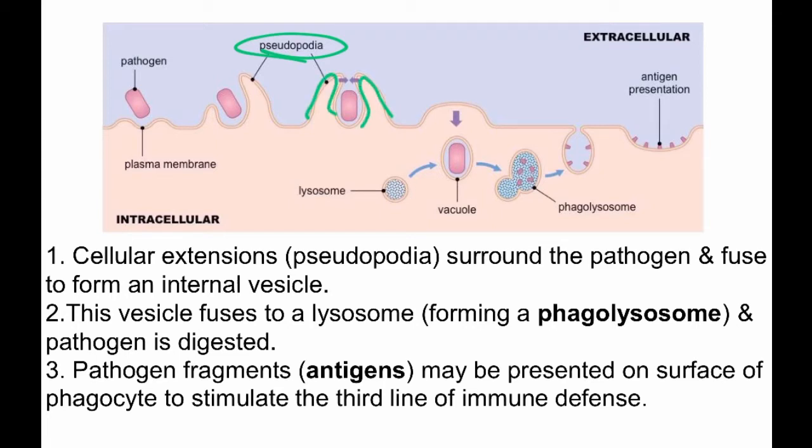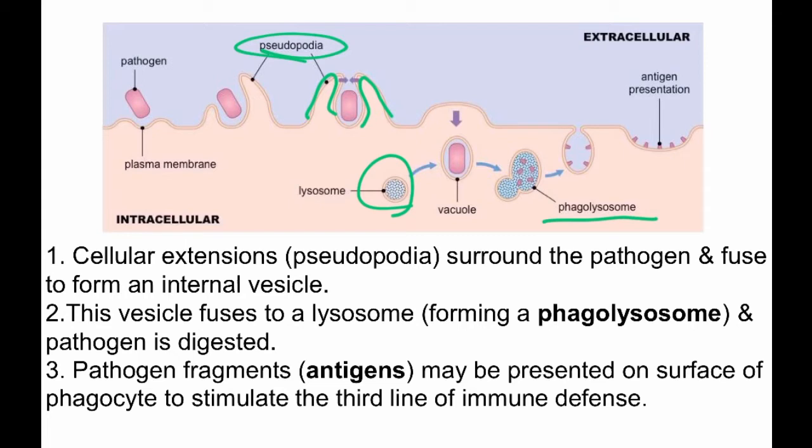Those are pseudopods right there. They rise up and around the pathogen, create a vacuole or vesicle, and then a lysosome, which is full of digestive enzymes, fuses with the vacuole, creating a phagolysosome.